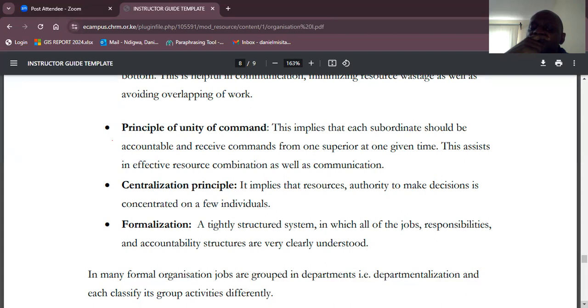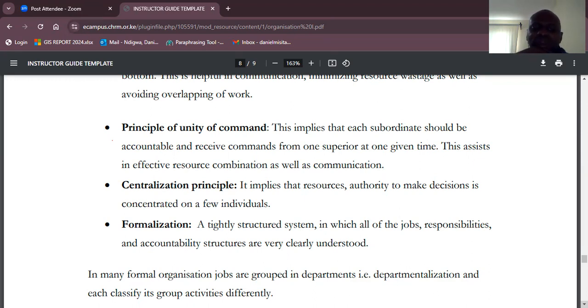Centralization is a good thing when you want to minimize resources, but sometimes it might lead to a lot of delays, so that in the event one person is not there, it might affect the organization, both in the short run and in the long run. So you need to have a good structure in place that allows the centralization principle to take effect.